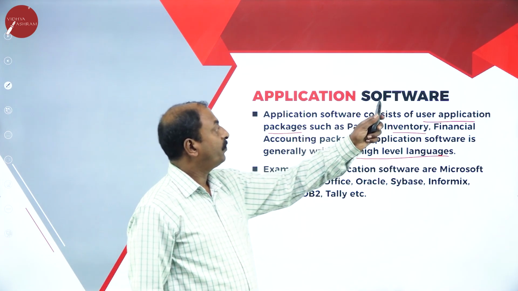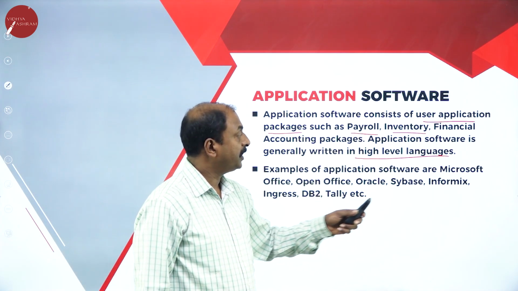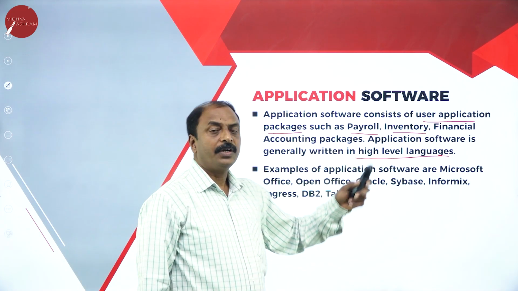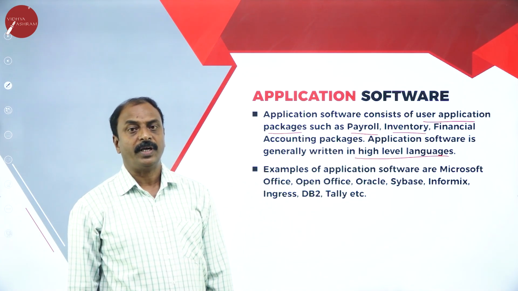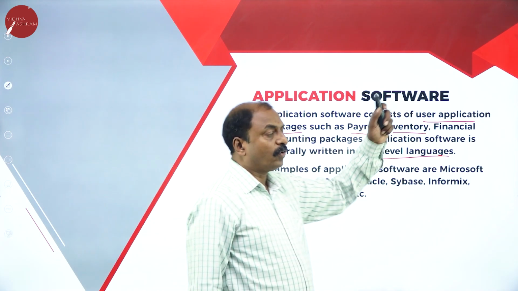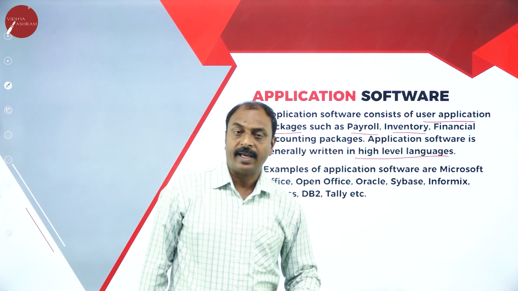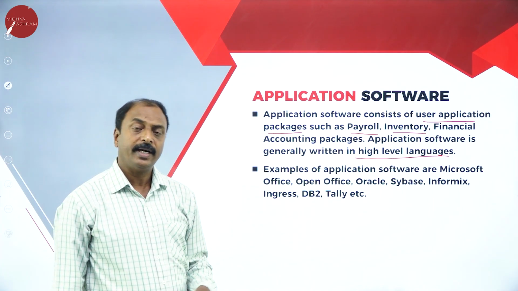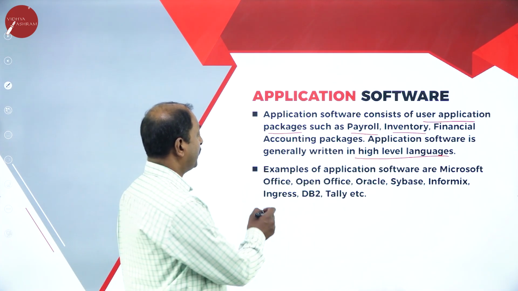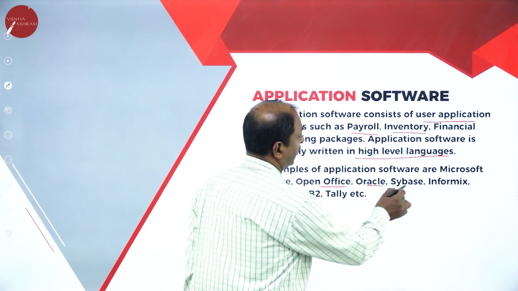Application software is used to write a program for payroll application, inventory, financial accounting, and other different applications. Generally these application software are written using high level languages like C, C++, Java and so on. Examples of application software are MS Office and Open Office, Oracle, Sybase.